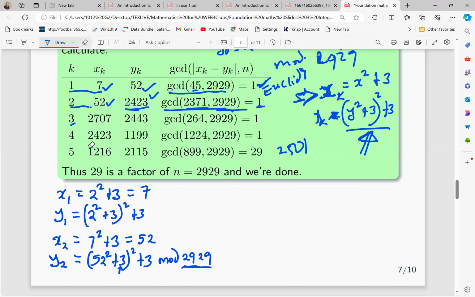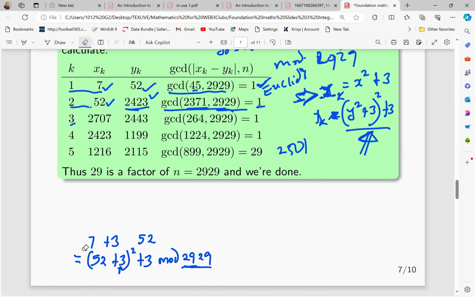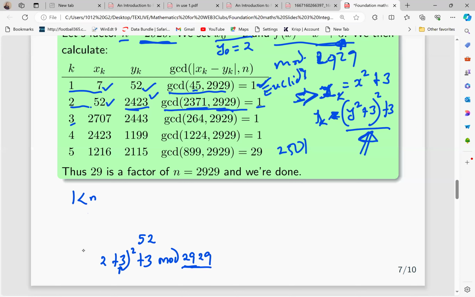So let's proceed and get X3 and Y3, until we get a value that is not 1. Remember, the value that we need to get to stop should be a value greater than 1 and less than n.